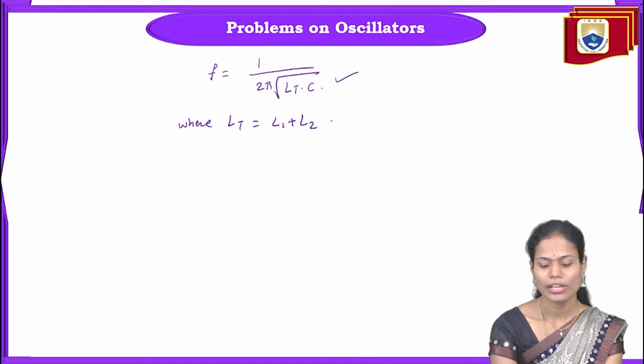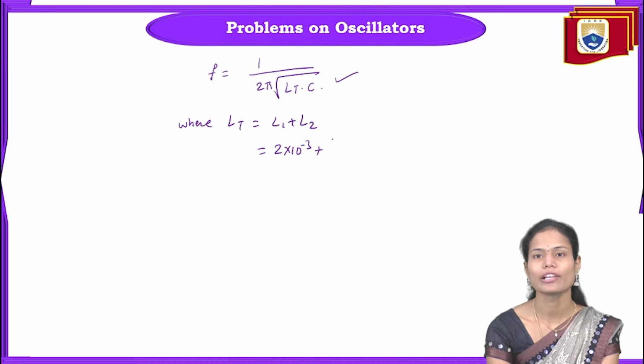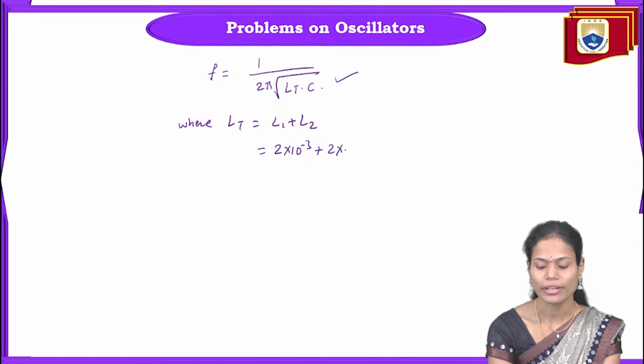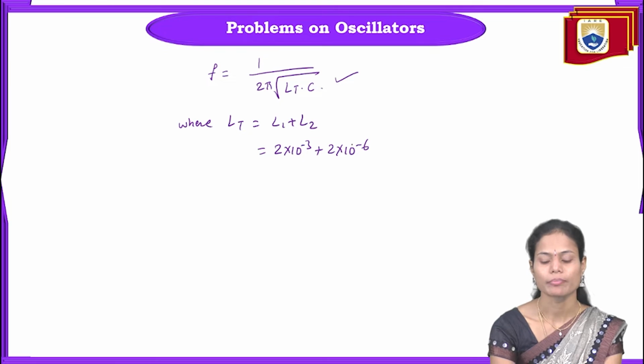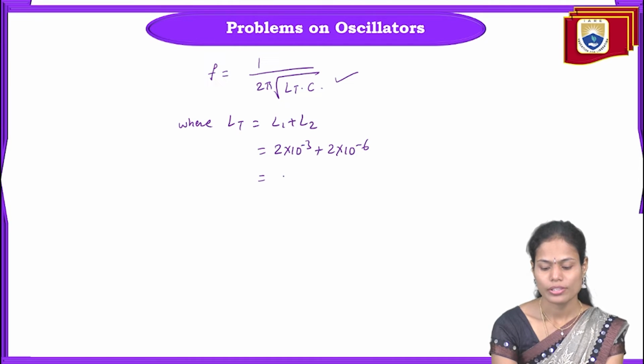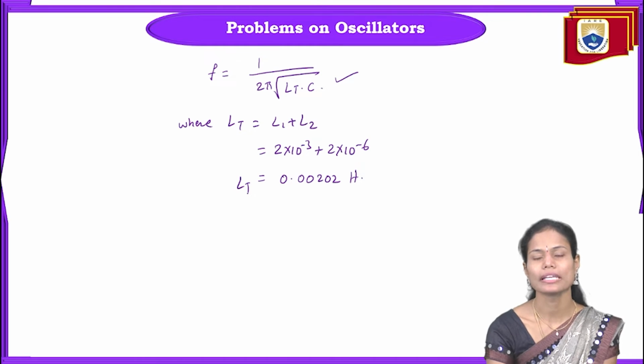L1 value is given as 2 millihenries, 2 into 10 power minus 3, plus L2 value is given as 2 microhenries. If we solve this, we will get 0.00202 henries. This is the total or equivalent inductance.